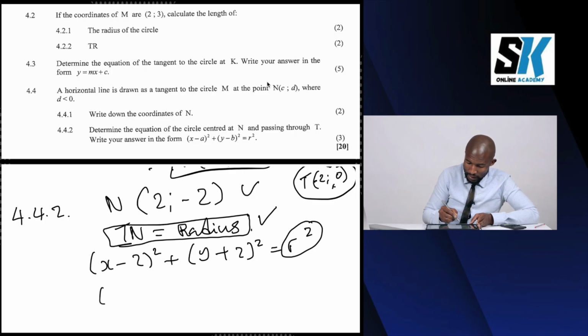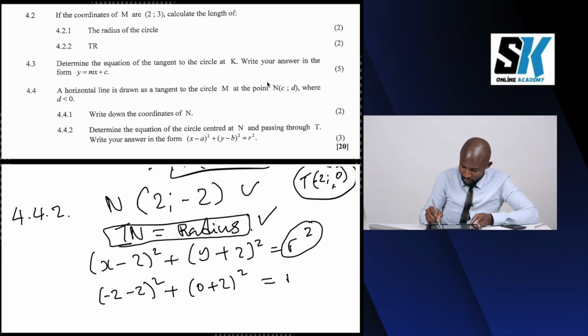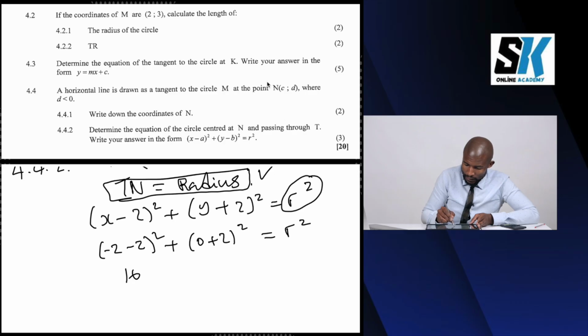We're going to have (0 minus 2) squared plus (0 plus 2) squared is equal to r squared. So here we're going to have 4, and here we're going to have 4, so r squared will be equal to 8.